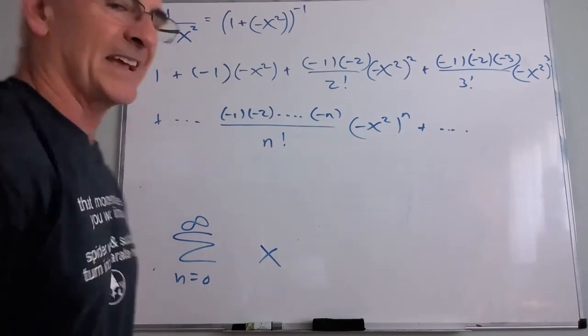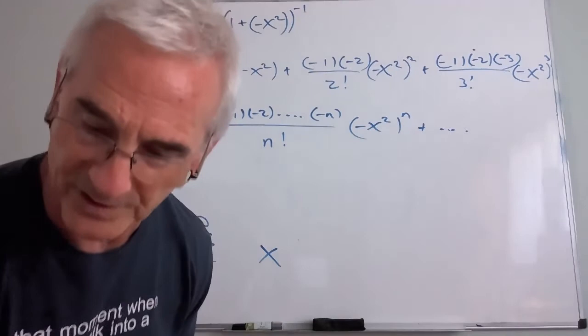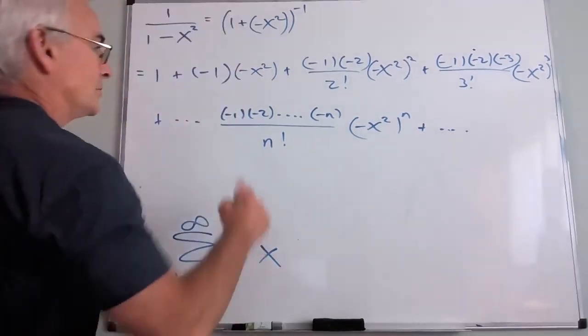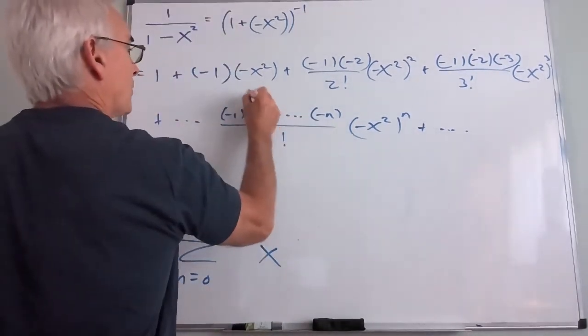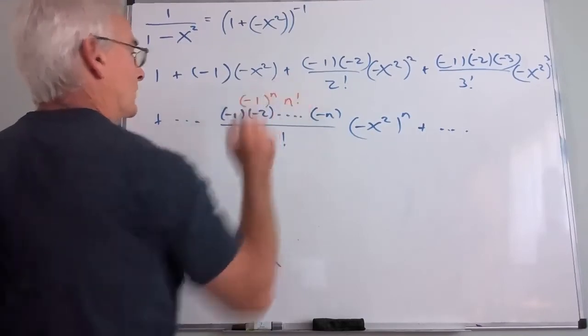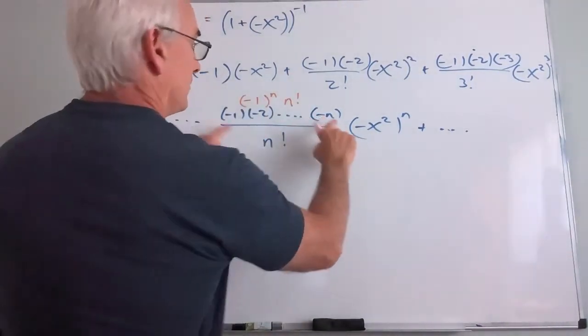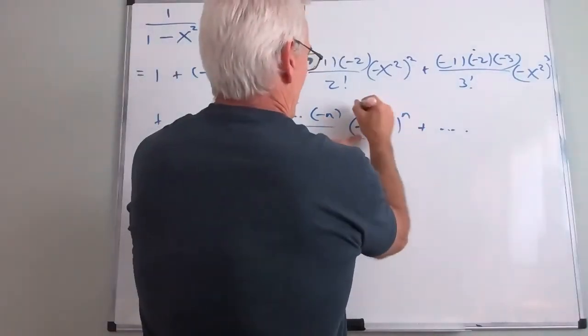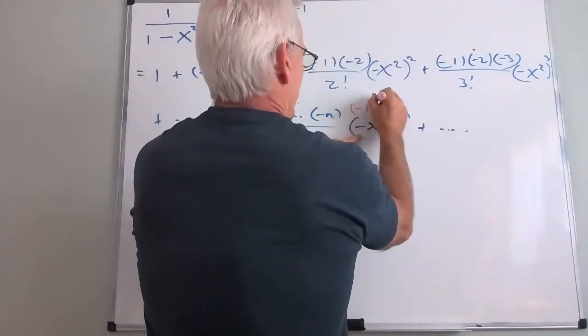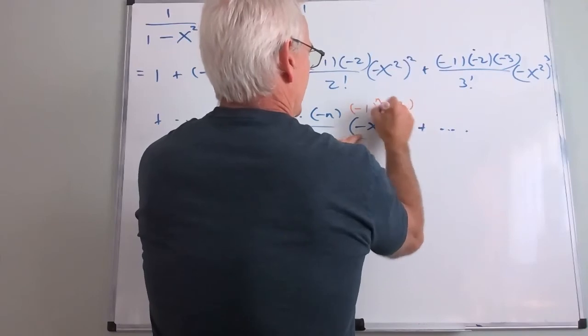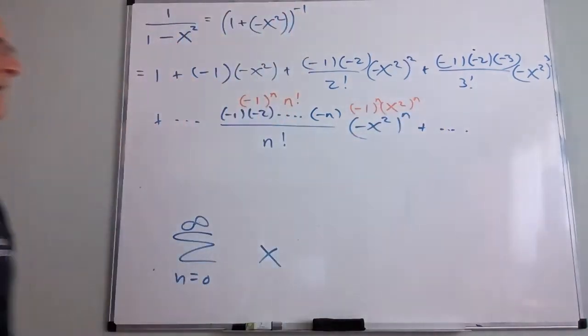Now, I got negative ones, I got factorials all over the place. You agree that this right here is negative 1 to the n and factorial. We've done that one before. Is everybody cool with that? But what's this? Isn't that negative 1 to the n, x squared to the n? Yep.